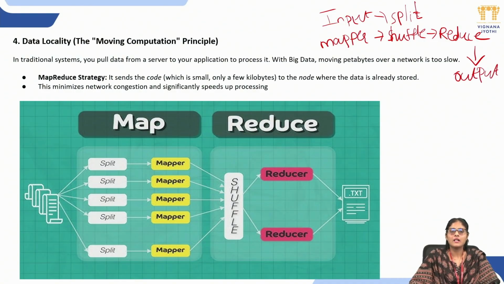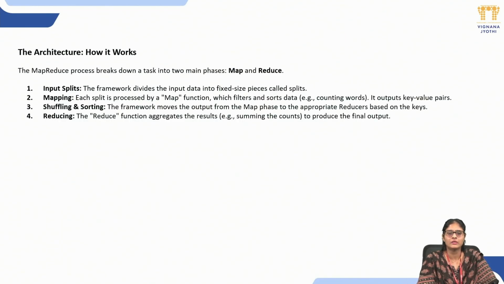So what are the 6 phases in MapReduce? First is input, second is split, third is mapper, fourth is shuffle, fifth is reduce, and sixth is output. So how can we explain, in a real world example, how these phases are useful?